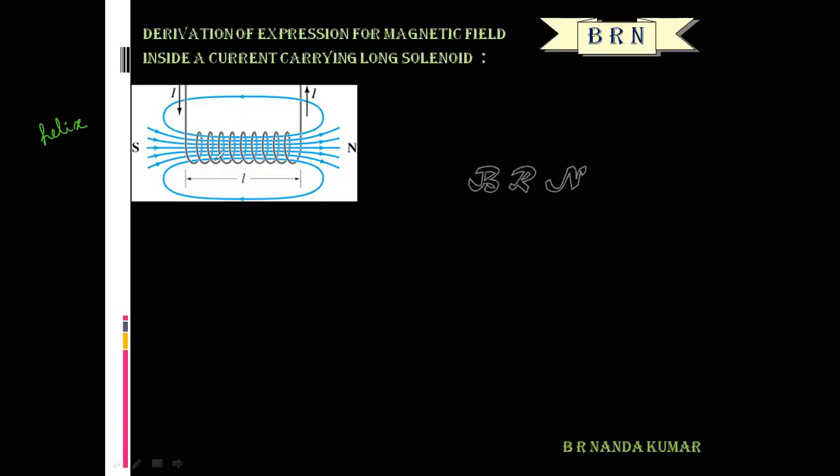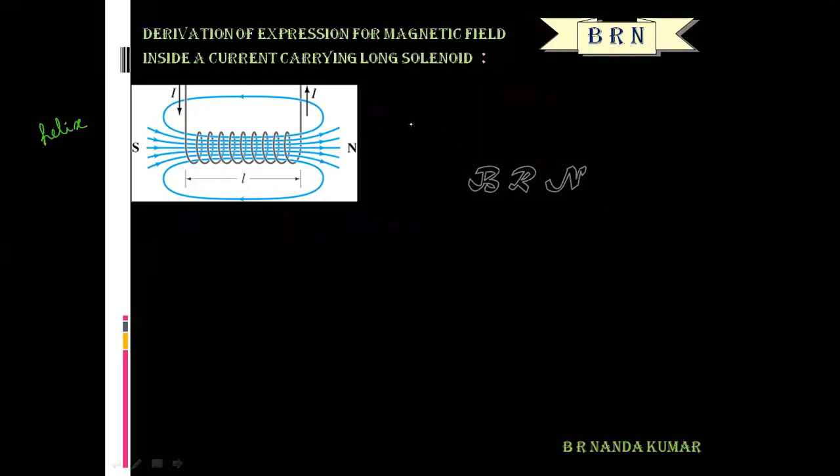Okay, so here this is a current carrying solenoid. These are the magnetic field lines around the current carrying solenoid. The magnetic field line directions can be determined by using the right hand thumb rule.